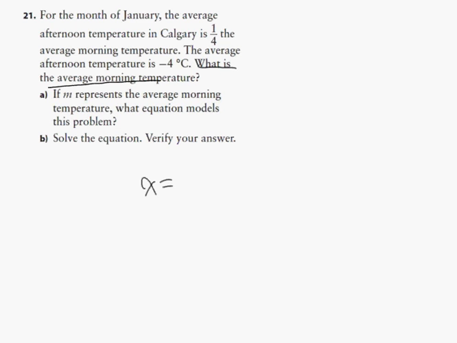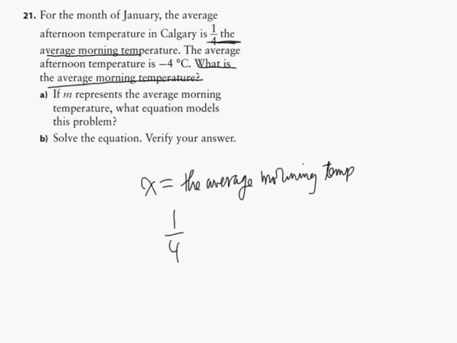We don't know the average morning temperature, and in 99.9% of all story problems that deal with algebra, the first thing you're going to do is put X equals the average morning temperature because you're going to look for it. You want to solve for the thing you don't know, so you make it the unknown variable.